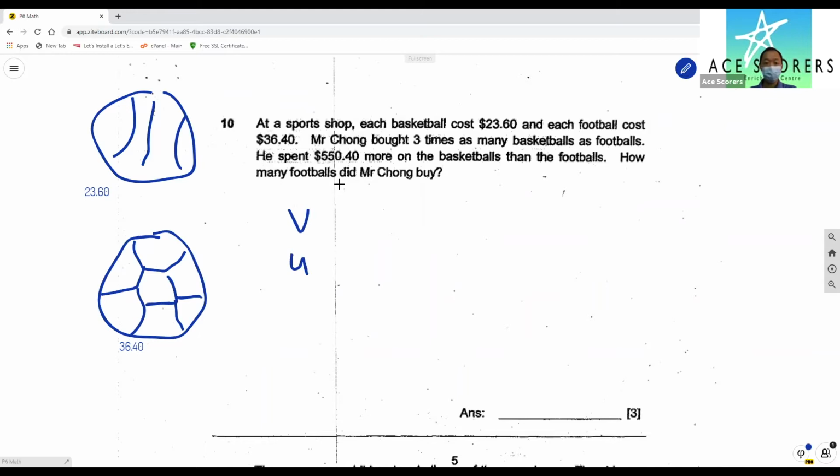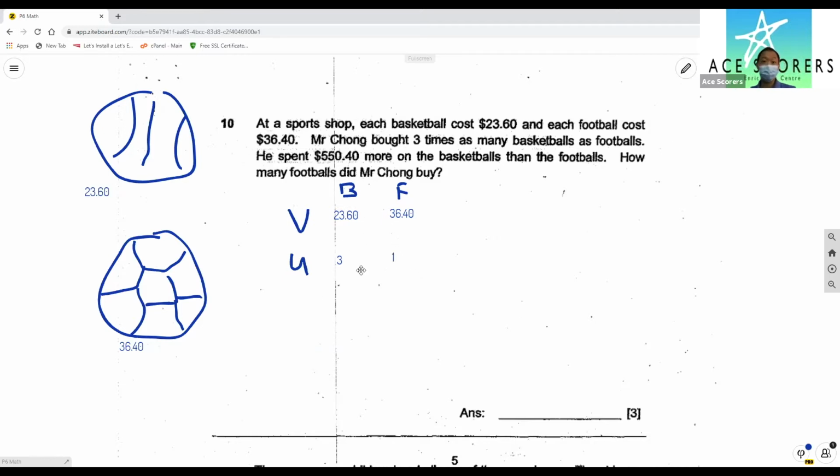Units is, let's see, basketball 23.60, the football, letter F, 36.40. How about the units? 3 times. This is 3. This is 1. Okay, can you see?